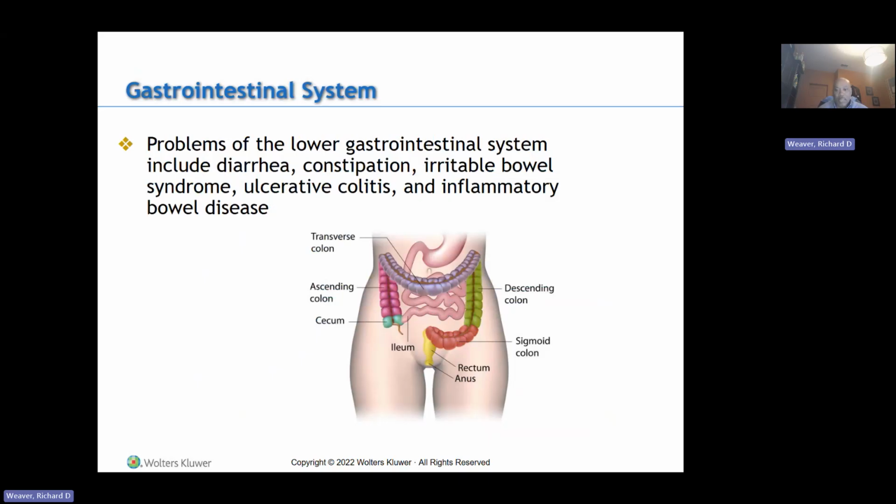Now, another condition, irritable bowel syndrome, also affects the lower GI system. There is the pain and bloating of a sluggish bowel or fear of stool incontinence. In other words, the people are afraid that they may have an accident and diarrhea may come about.